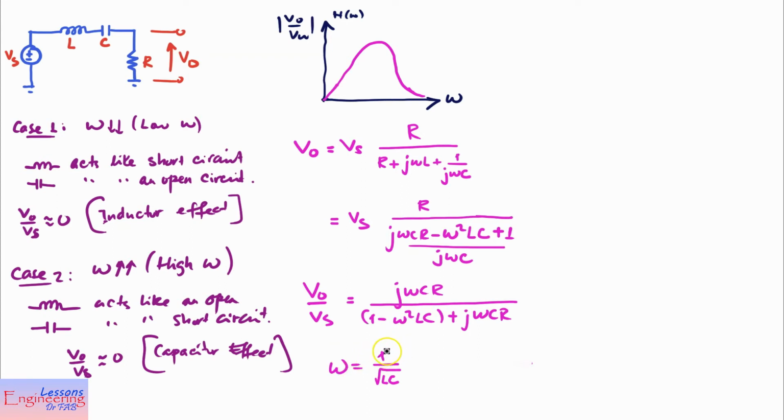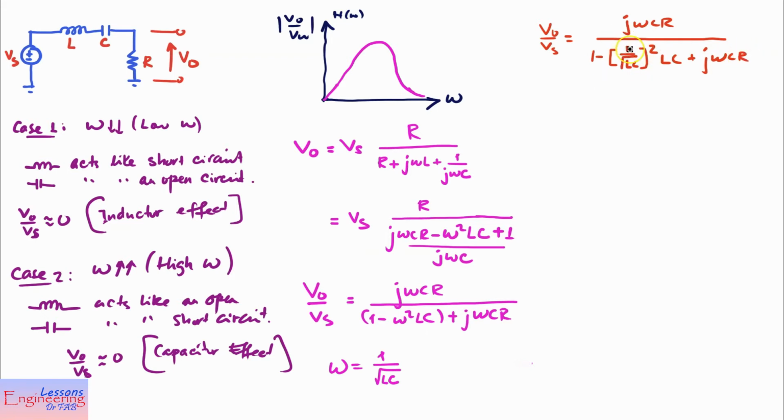So when omega is 1 over root LC, if you insert 1 over root LC here, we'll have V naught over Vi, which is V source, equal to J omega CR over 1 minus 1 over root LC squared times LC, and of course plus J omega CR.